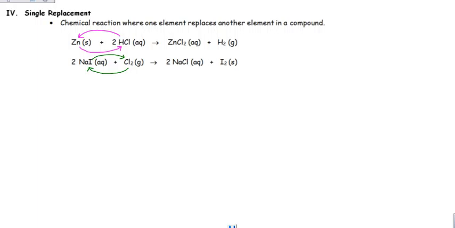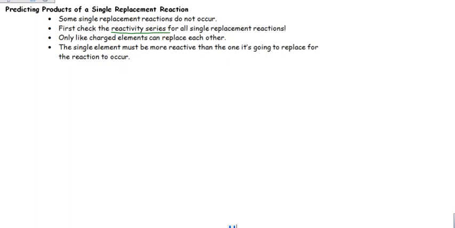Chlorine needs to be more reactive than iodine. And if not, no reaction will occur. So they kind of summarize that here. The single element must be more reactive than the one it's looking to replace. If not, it's a no reaction.